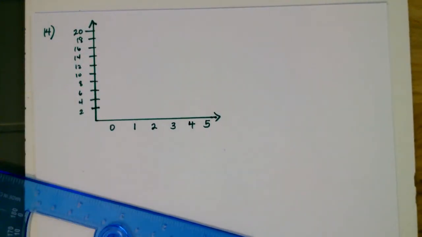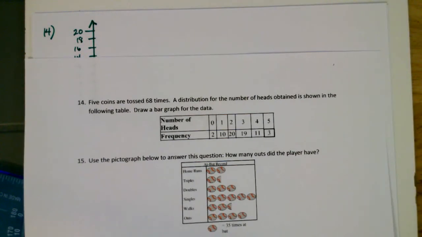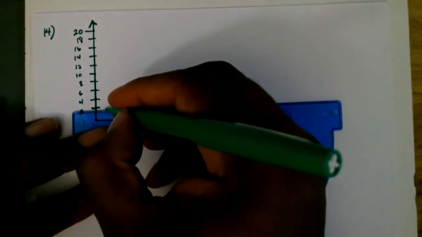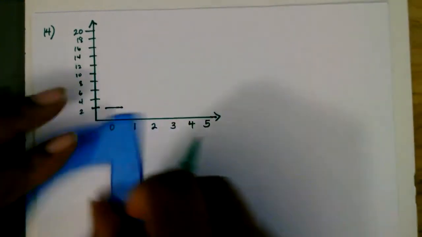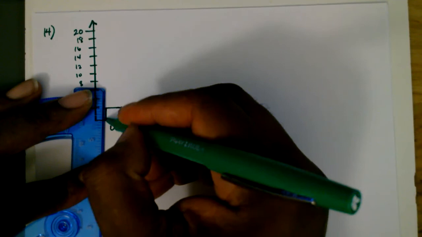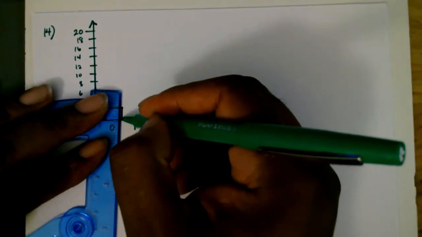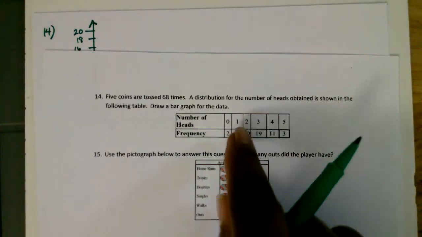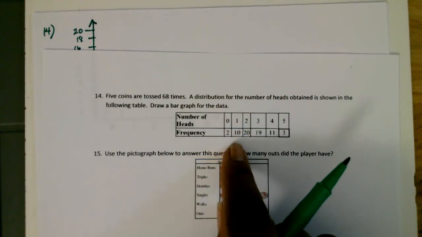So for 0, in this case, there were 2. The frequency there was 2. So the height of the bar will be at 2. Okay. Now these bars are not going to be adjacent like a histogram is. So the bar is at 0. For one head, for the number of heads, which is 1, there were 10.